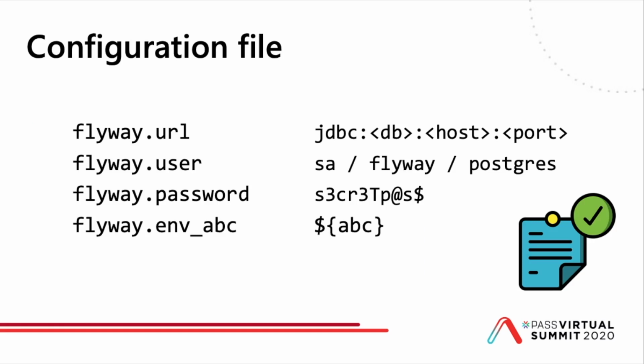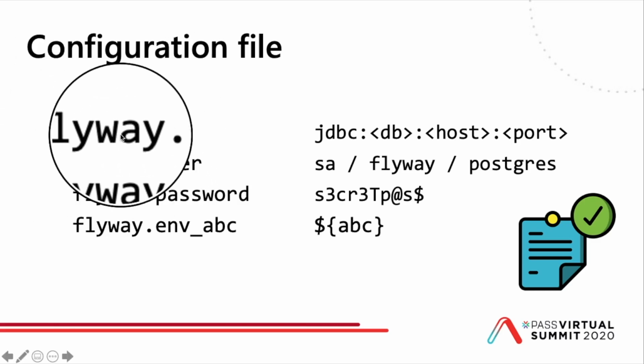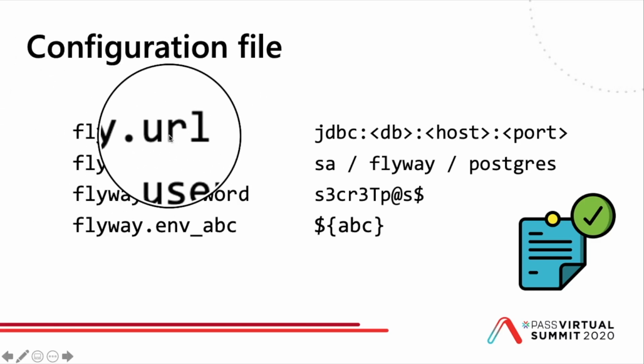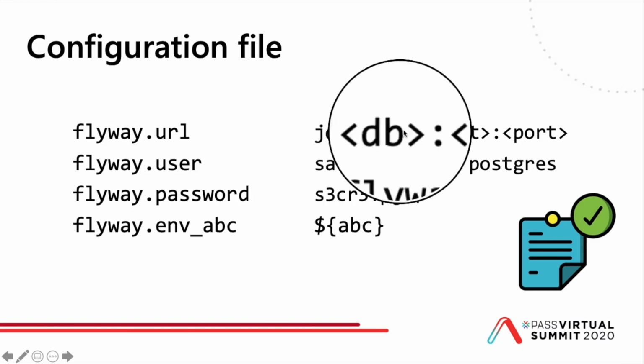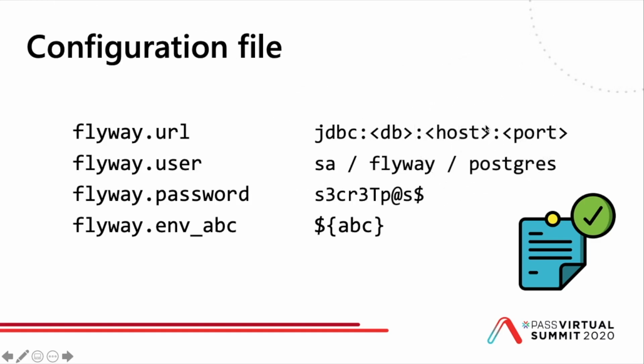Configuration file. Flyway supports loading configuration by config files. These settings are simply key value pairs. I put some examples here on this slide. As you can see, the first one is the URL, and this is pretty much the connection string where you will be defining the database type or DBMS type you want to connect to, the host name, and the port.